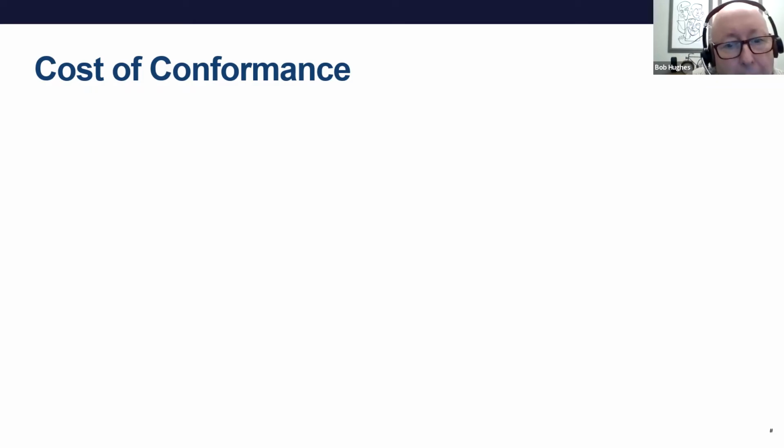So cost of conformity. When we talk about cost of conformity, this is an acceptable level of quality cost. Cost of conformity might be really good, effective upfront planning.